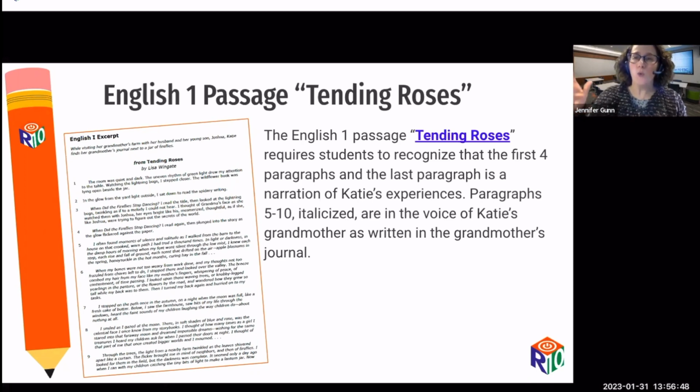But we would need to infer that the italicized paragraphs 5 through 10 are when Katie is reading the journal of her grandmother, and therefore those paragraphs are really in the voice of Katie's grandmother.